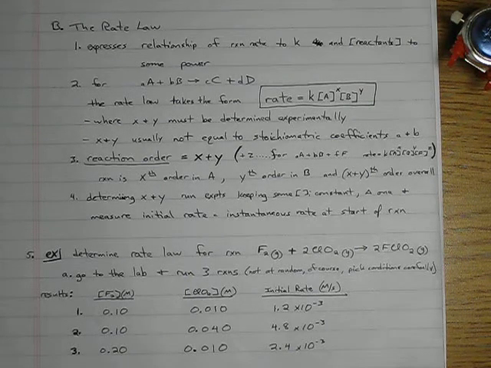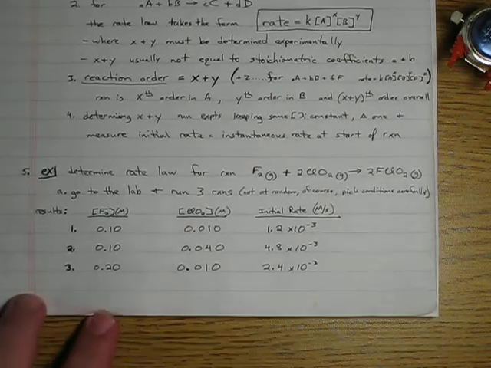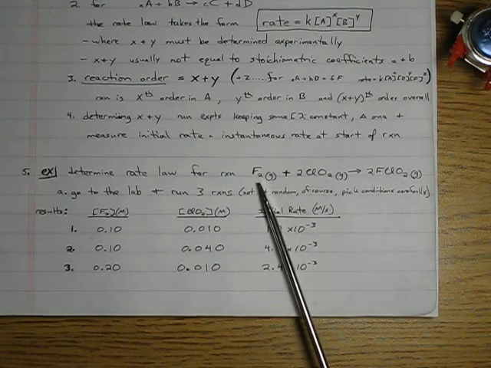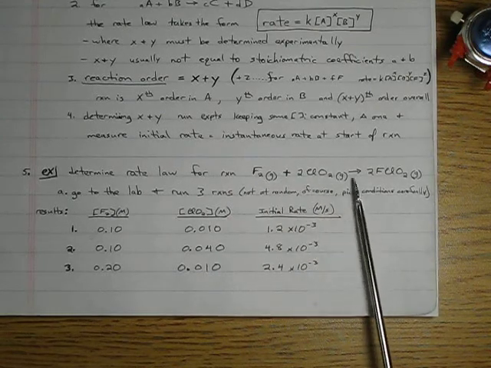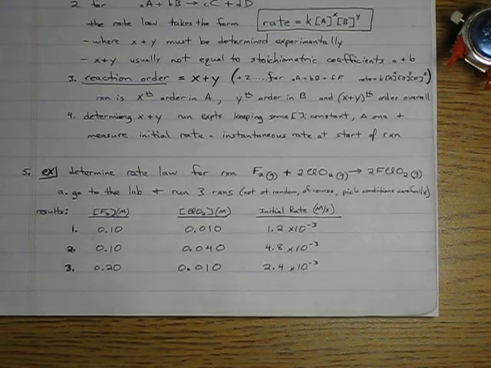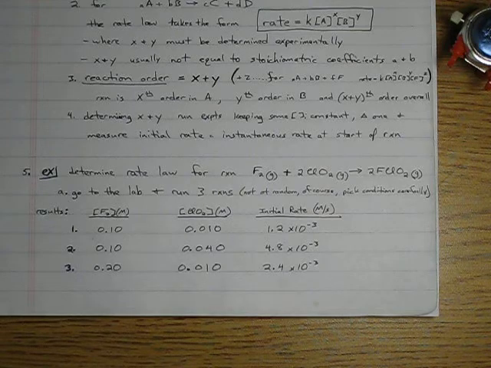So here's an example. Here is what we would do. Here's our reaction: F2 gas plus 2 ClO2 gas goes to 2 FClO gas. I want to know what the rate law for the reaction is. Right away, I can determine the form of the rate law.